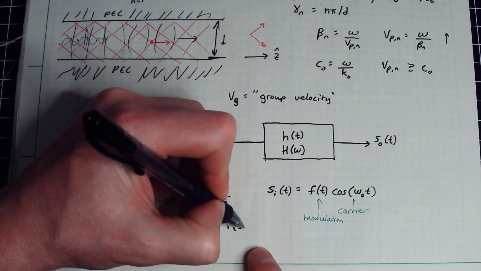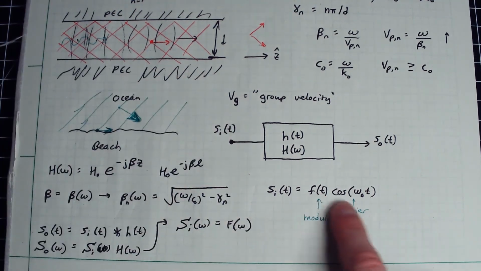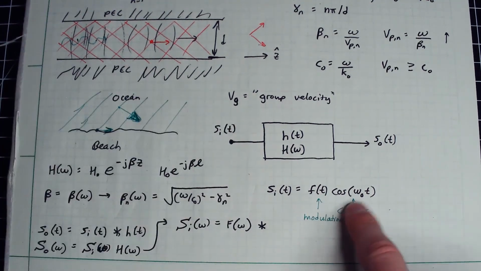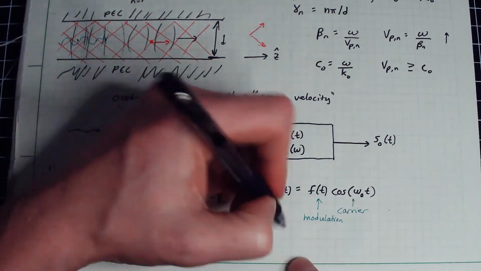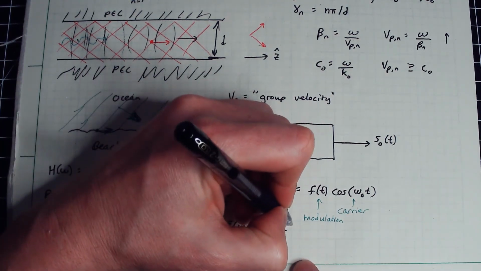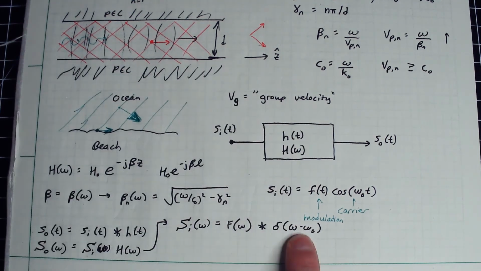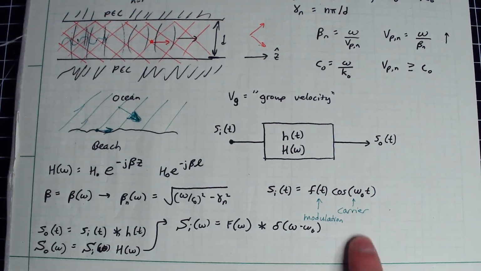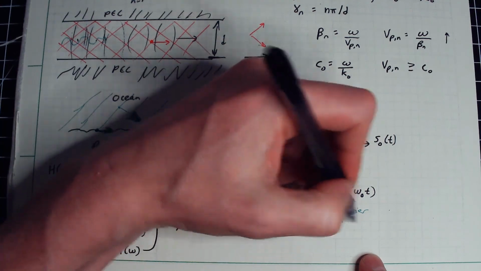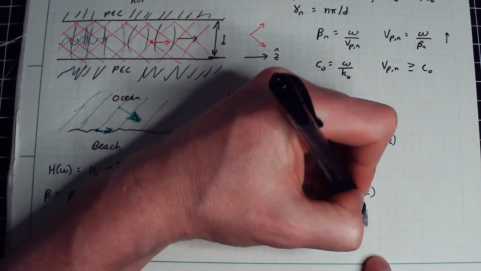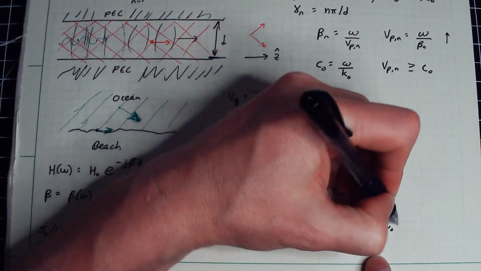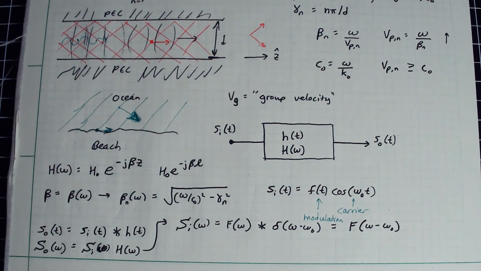So it's f of omega, the Fourier transform of that, convolved with the Fourier transform of that, which is simply delta of omega minus omega naught. So when you convolve with a delta function, this is the sifting property, I will get simply f of omega minus omega naught. So let's just kind of draw that out for a second.